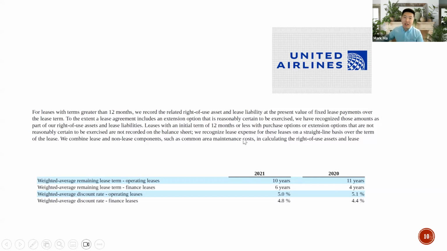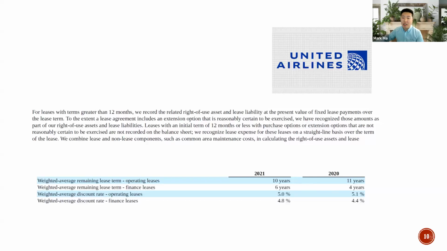So that's an example of the qualitative information. In addition to that, there is also more quantitative information, like the weighted average remaining lease terms and the weighted average discount rates. Before the standard, we could only guess about these terms, and even banks, a lot of them, make some kind of assumptions about this.